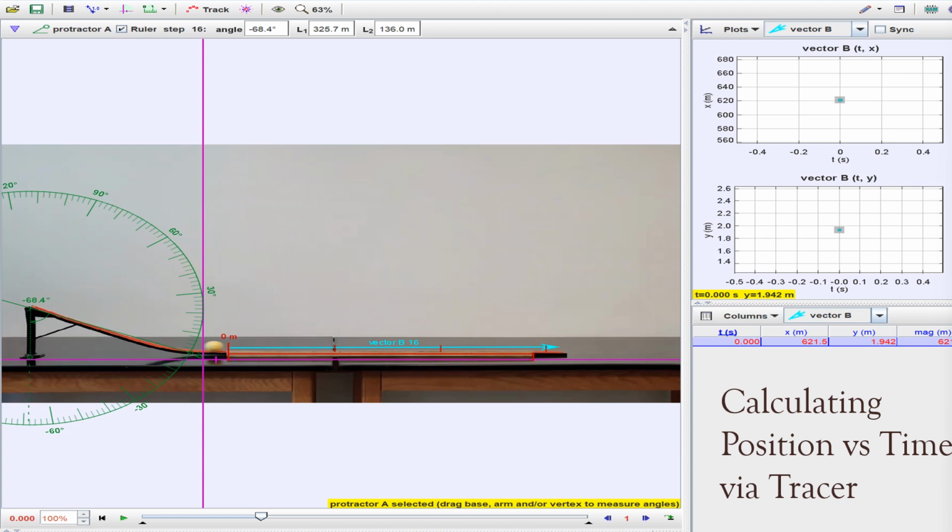It gave me a distance of, as you can see up here, 325 meters for the length of this vector. Obviously, it's not. There was a yardstick there, so it should probably be a little more than a meter. But anyway, I used that to calculate the position versus time graph that you will see later on, from this data I was able to collect from Tracer.